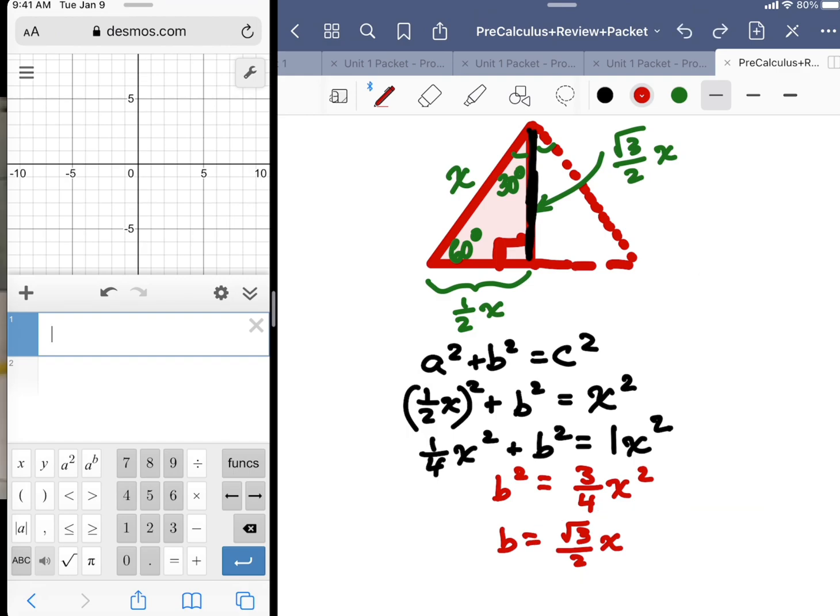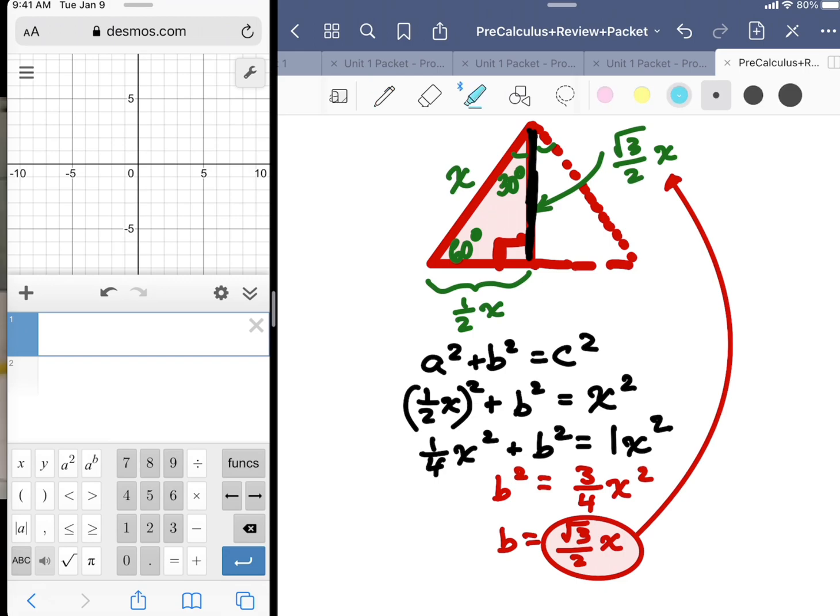Actually, let me make this look a little nicer. So if you happen to remember it, that's great, but it's not 100% necessary, as you can see. So if I let x equal 1, to correspond with the radius of the unit circle, then these sides would be 1/2 and radical 3 over 2.